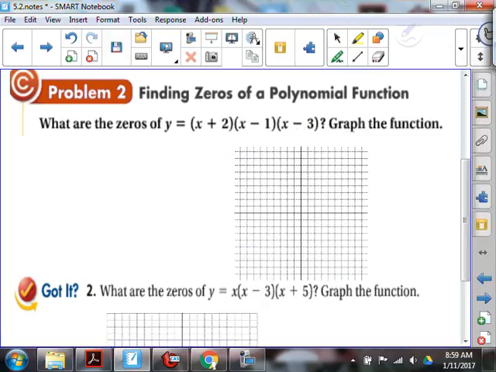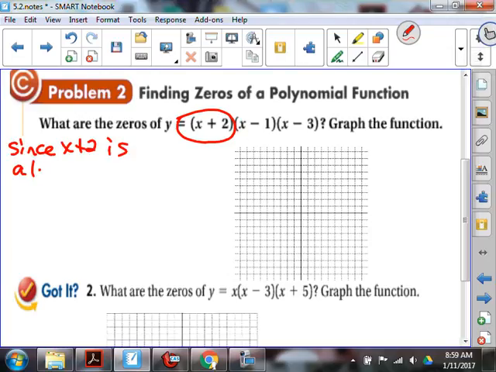Because x plus 2 is a linear factor, what's a root?